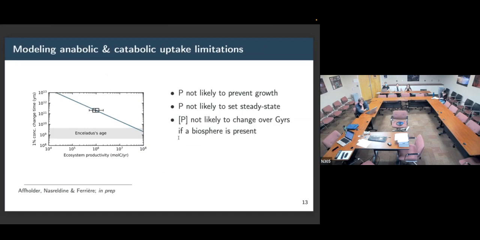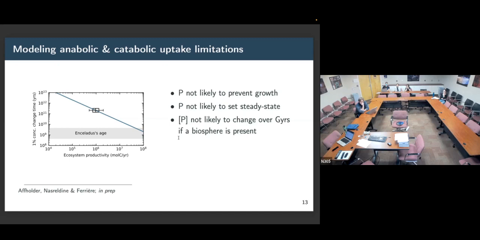So we found by analyzing that phosphate concentration in Enceladus' ocean, even in the worst case scenario, is really not likely to prevent initial growth. Also not likely to set the ultimate size of the population. And last, the population predicted being so tiny, the consumption rate of phosphates is also very small.